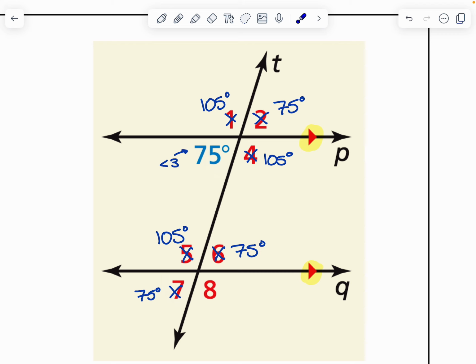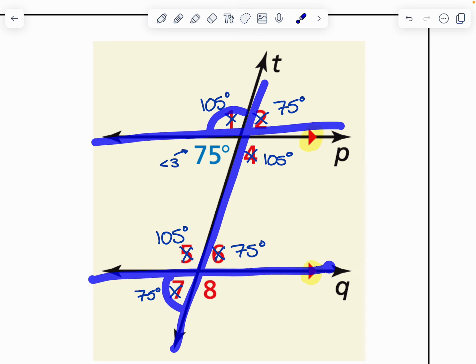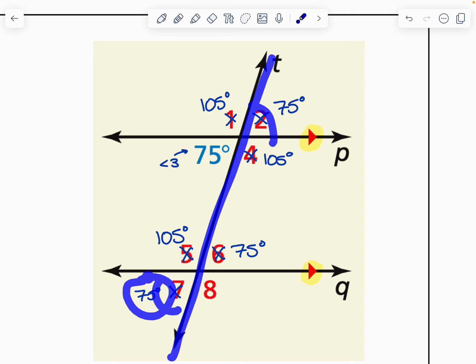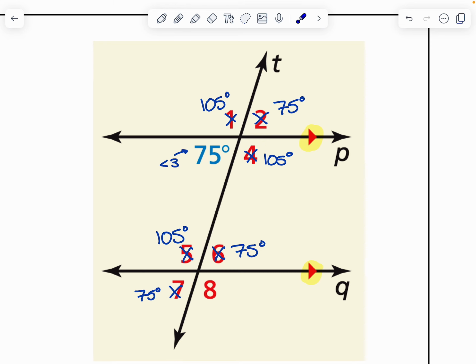And then we have two last options. Consecutive exterior angles, same side, both on the outside. That tells us that it has to be 75 degrees. They're supplementary. And then the last one that we have, alternate exterior angles, which tells us that has to be 75.